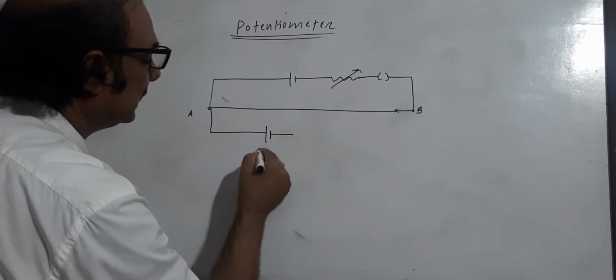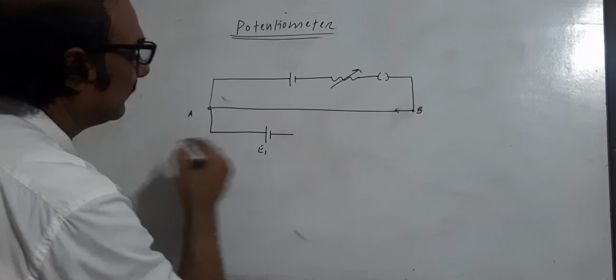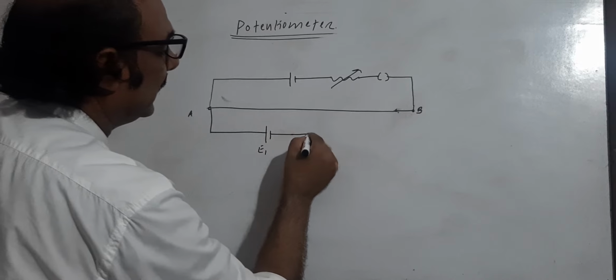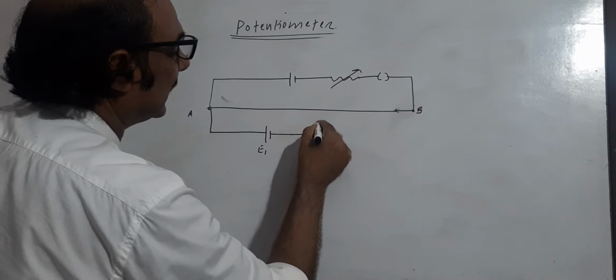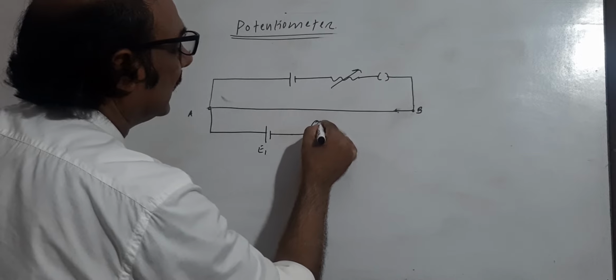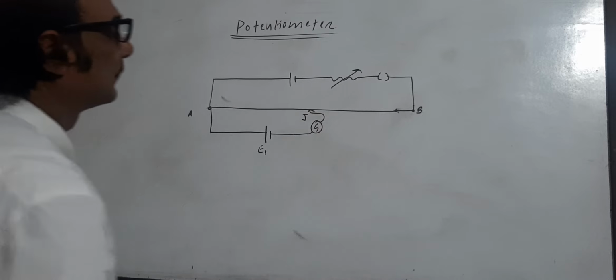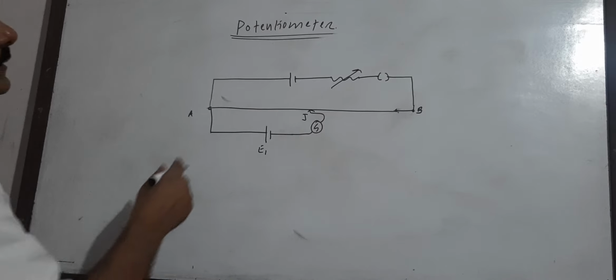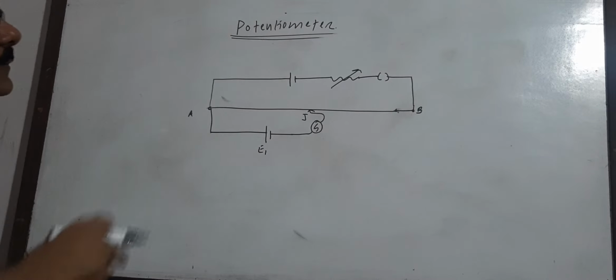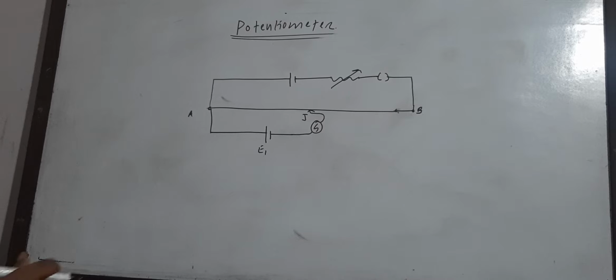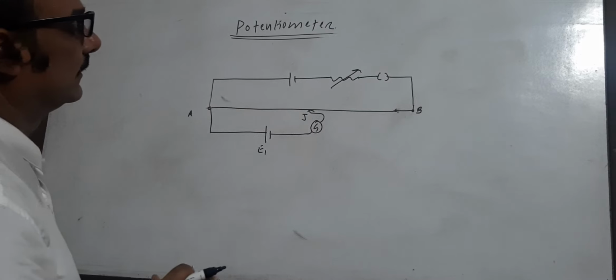Suppose this is the cell of EMF E1, and one of its terminals is connected to the galvanometer and the other is connected to the jockey J. The constant current passes through the wire and the balancing length is obtained.